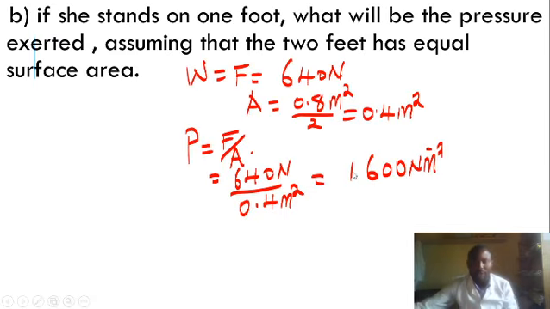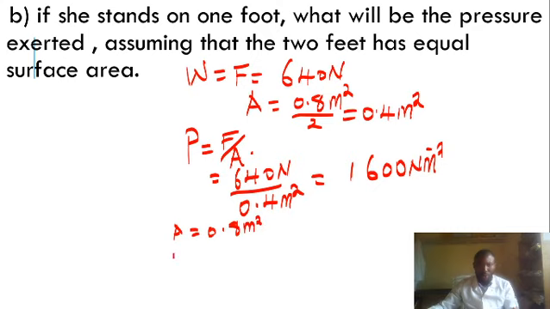So now you can see that when the area was equal to 0.8 meter square, our pressure called P1 is equal to 800 Pascal.